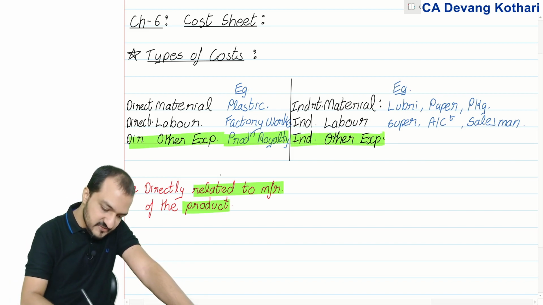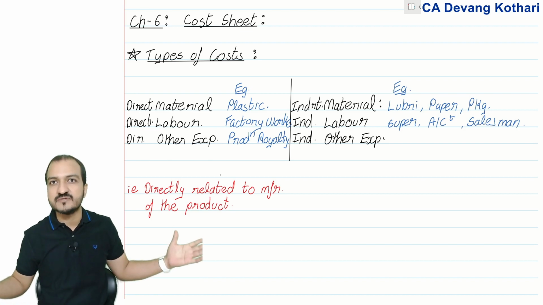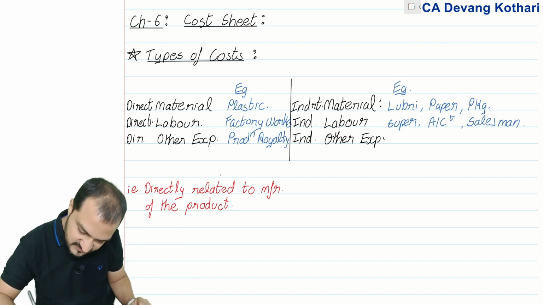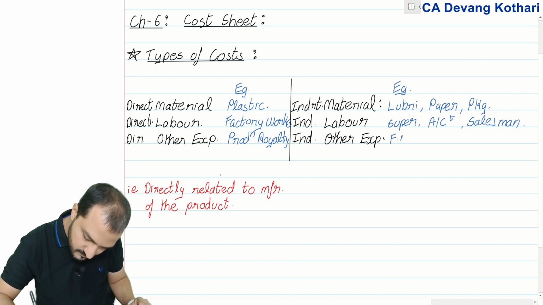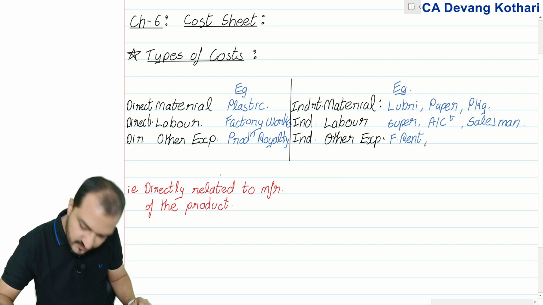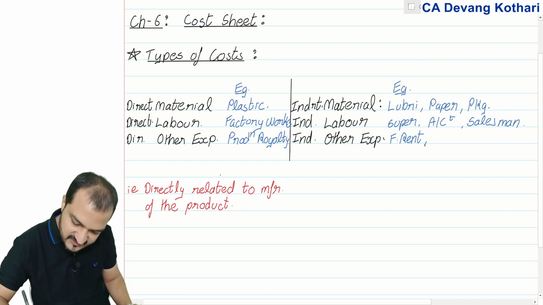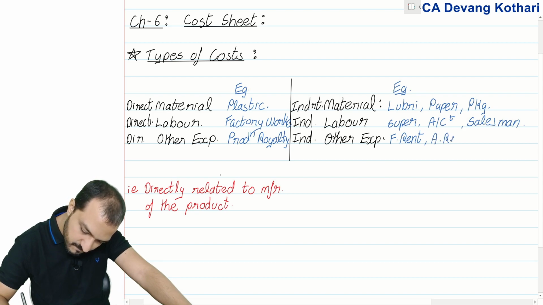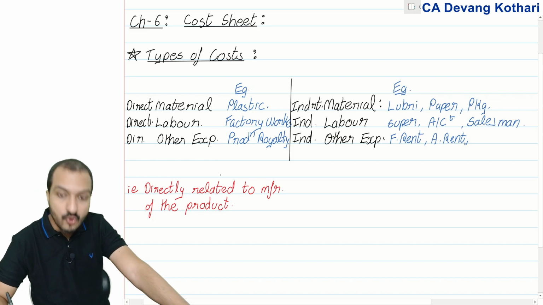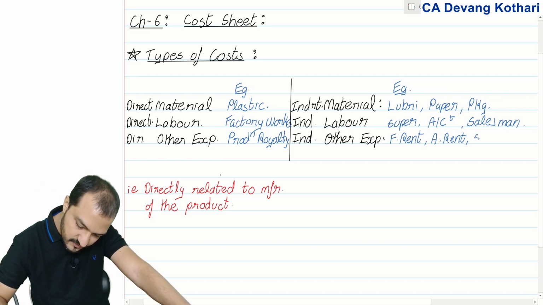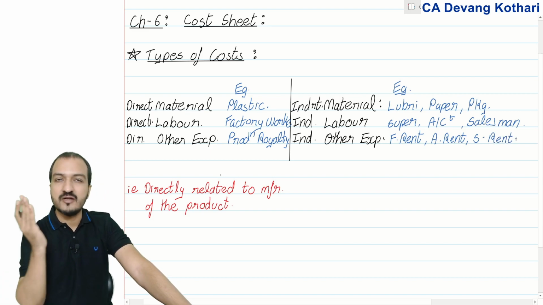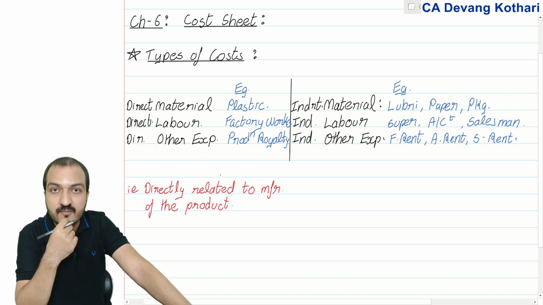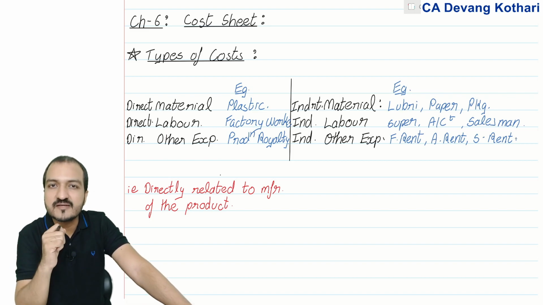While indirect other expenses, well, there can be so many examples. Indirect other expenses like say factory rent, admin office rent, or showroom rent. Rent of the showroom, rent of the admin office, rent of the factory premises. All types of rent will become indirect expenses.